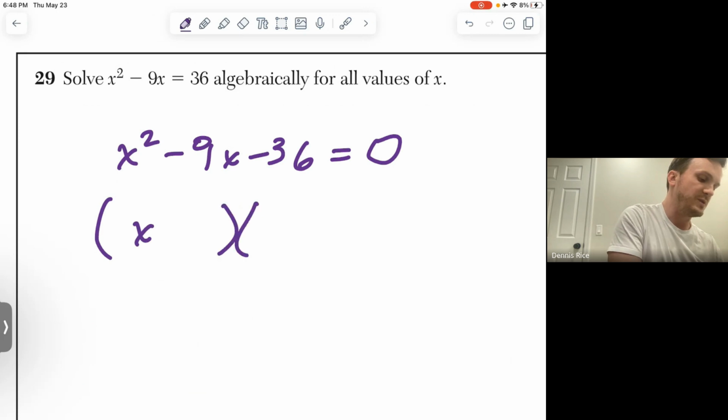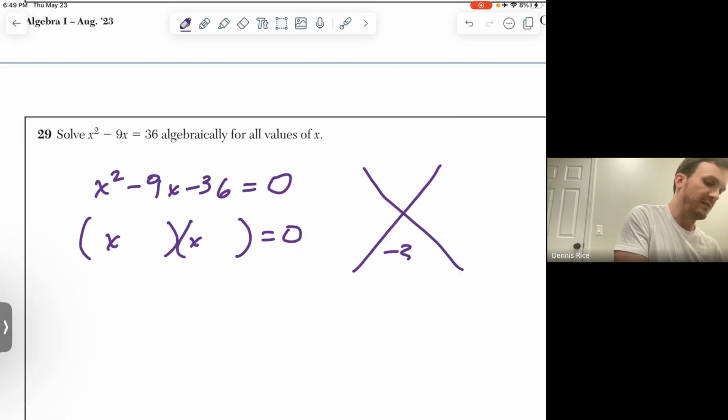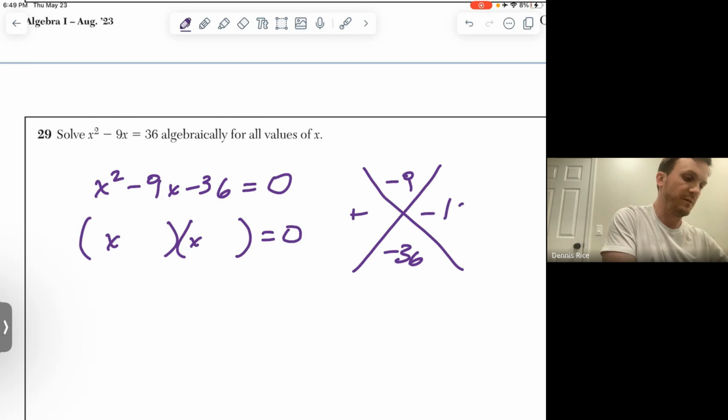Are there two numbers that add up to -9 and multiply to -36? Since it's a negative product, that would make your signs different, one of each, a plus and a minus. -12 and 3. Sometimes I feel like a lot of us are just like, oh, quad formula.